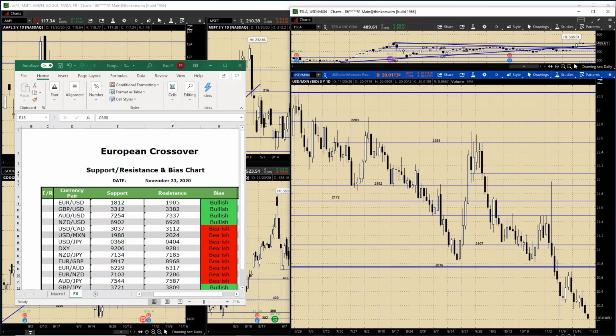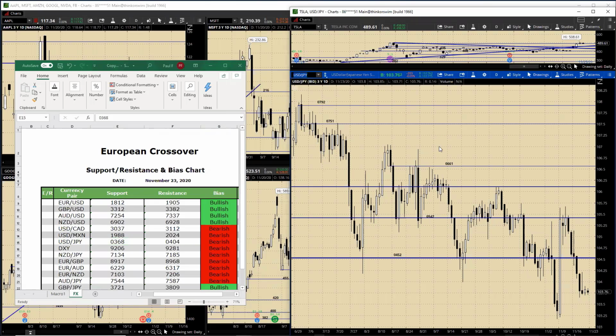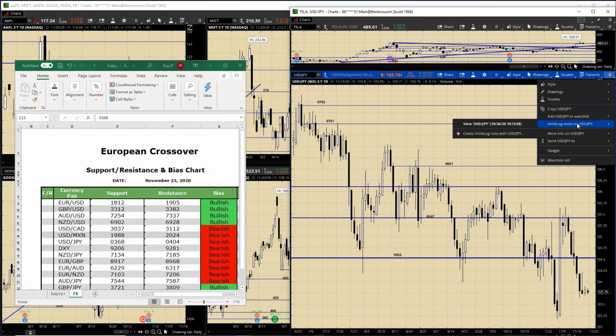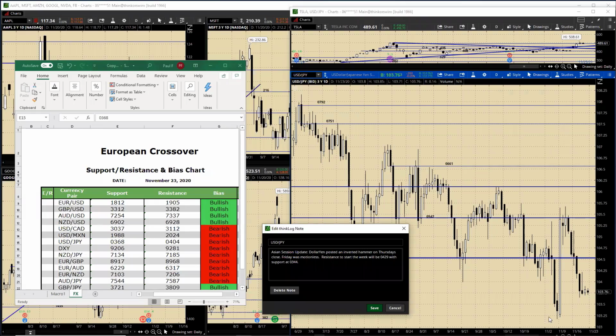And dollar yen. So the dollar yen posted an inverted hammer.